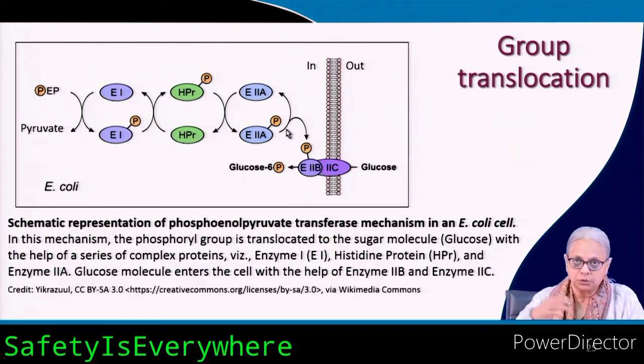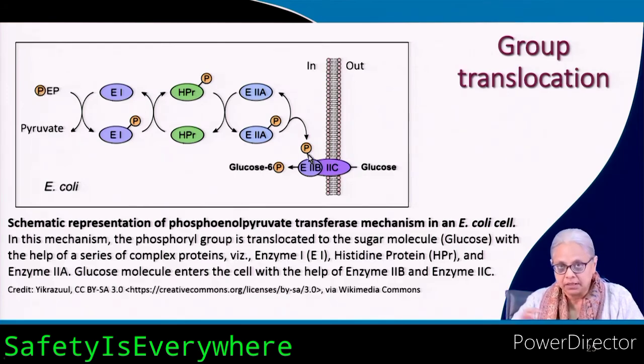All of these are how the phosphate is being transported from one compound all the way to glucose. Remember, when glucose has to come in, it has to be phosphorylated and glucose 6-phosphate has to be generated. This is how the phosphate is attached to the glucose that is then brought into the cell. So that's group translocation.